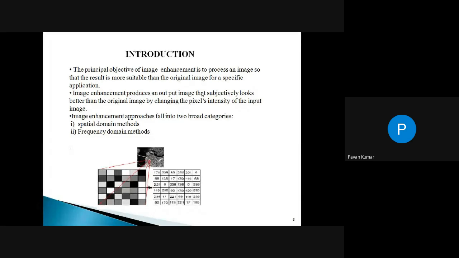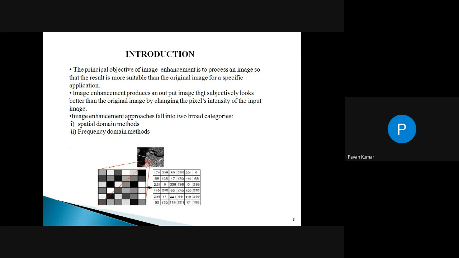Whereas in the frequency domain, first the spatial information, the spatial intensity values, will be converted into the frequency domain. Then we operate on the coefficients of the frequency components, applying filtering techniques. After that, we reconvert those frequency coefficients into the spatial domain and reconstruct the image.